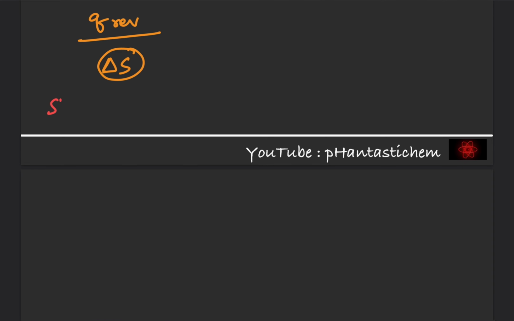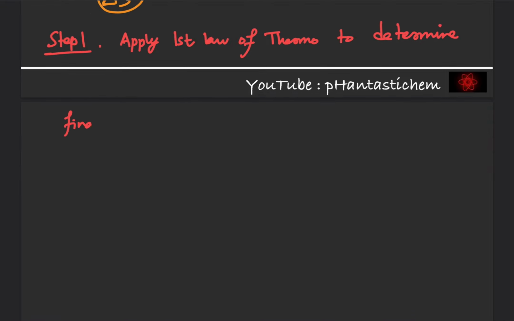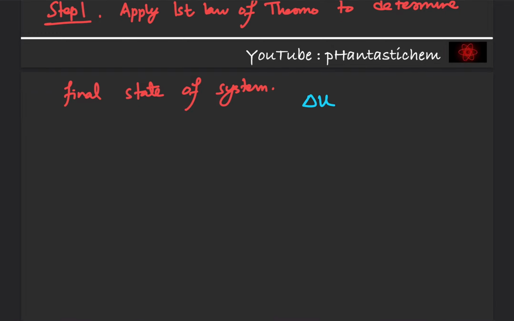Step 1, apply first law of thermodynamics to determine the final state of the system. Okay, so we know that delta U is equal to Q plus W, right?